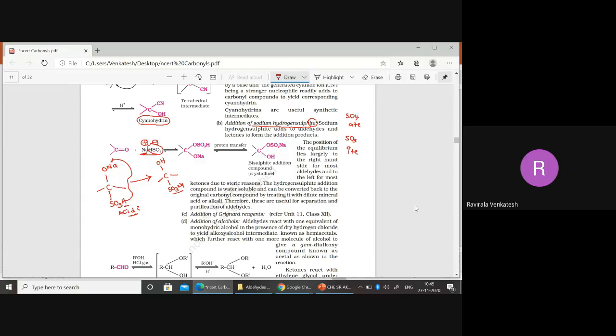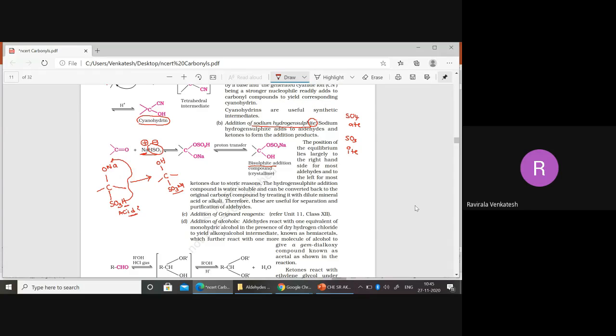This is the product, called the bisulphite addition product. Again, it will be converted back by adding a base. If you add any base, it will convert into the carbonyl compound again, the aldehyde or ketone. Both aldehydes and ketones will react like this.